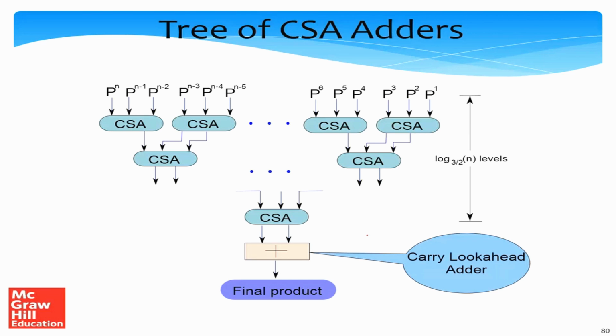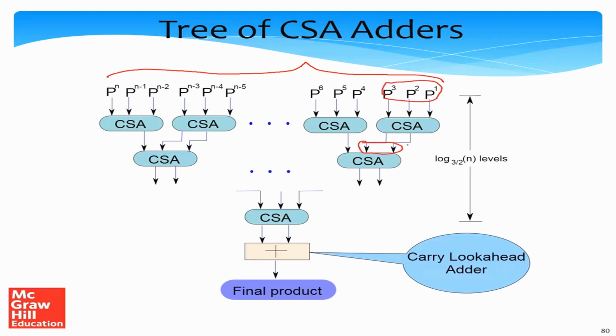So in this case, what we do is that we divide our n partial sums into groups of 3. We have a carry save adder, a CSA, that takes in 3 inputs and produces 2 outputs.